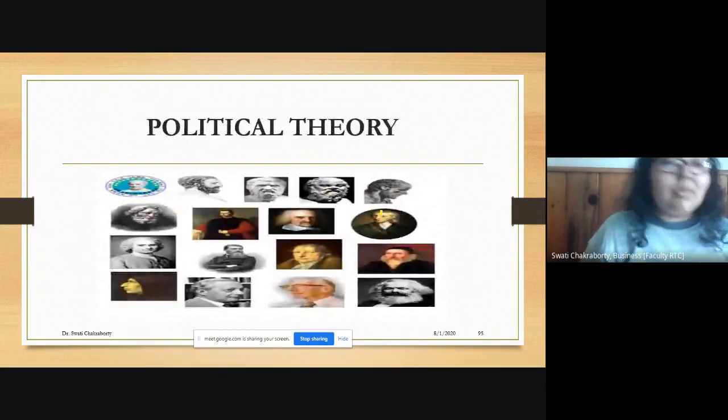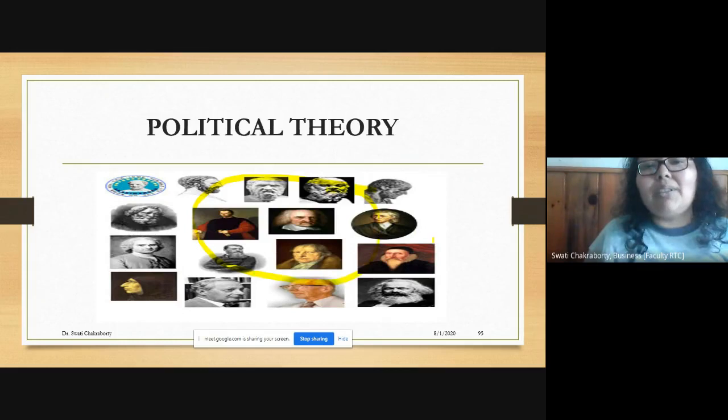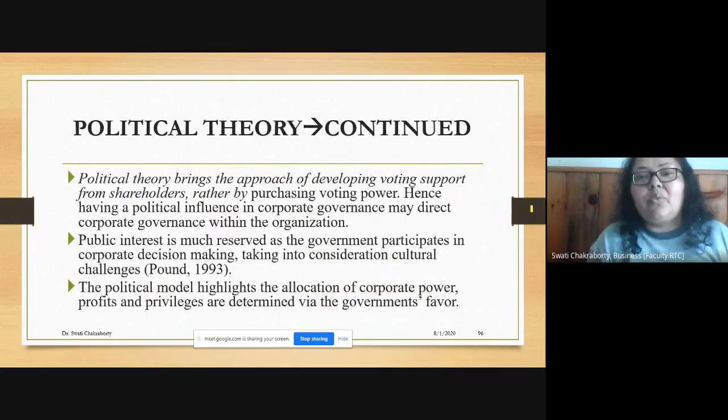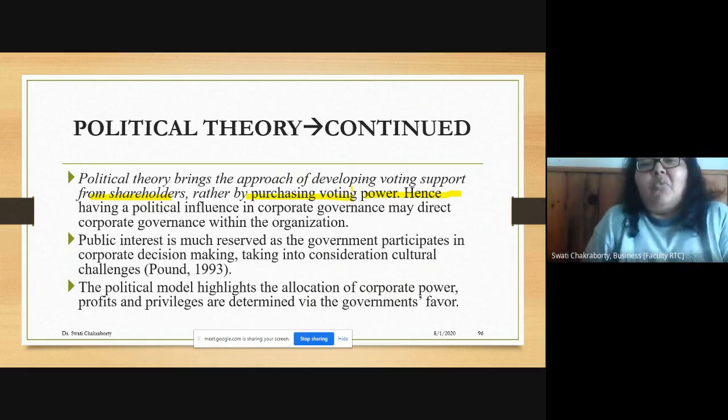Okay, we come to the last theory, that is the political theory. These are the great politicians, political experts that we have. Political theory talks about where you want to try to gain the support of the shareholders through voting, rather than forcing them by purchasing the voting power.